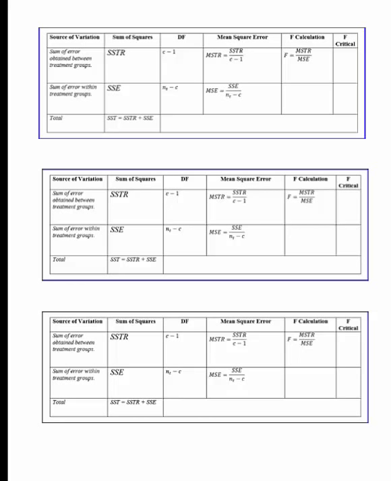I used this when I was taking this class as a graduate student, so I find this super easy to use, and it kind of explains where everything comes from. And I found this sort of missing in the textbook. So this kind of helps you get it all together. You're trying to get this F over there, right here. That's what you're after, right? And that is computed by MSTR divided by MSE. I mean, that's what we're after. And we're going to compare that with our critical value right here.